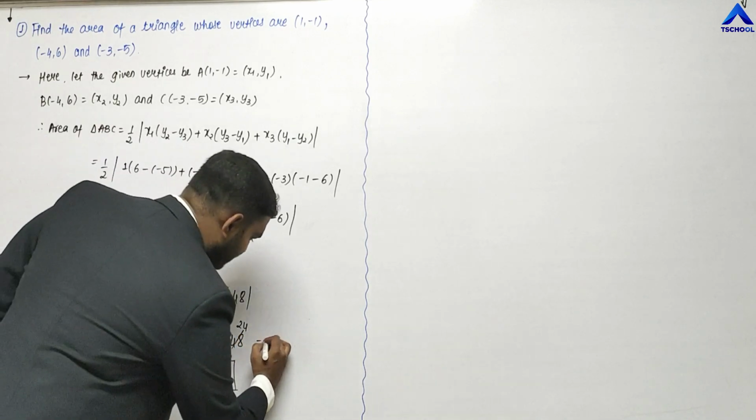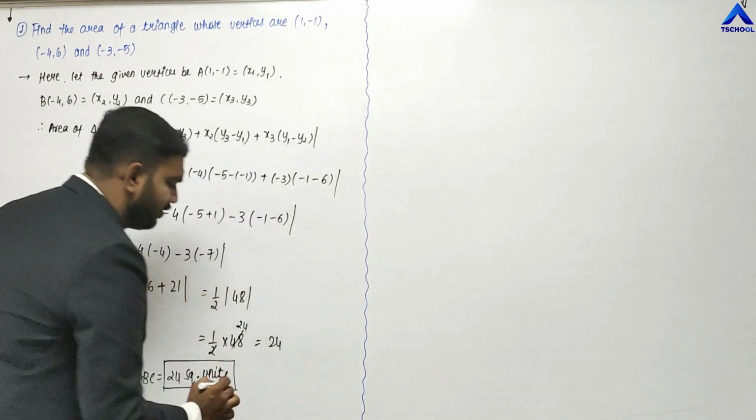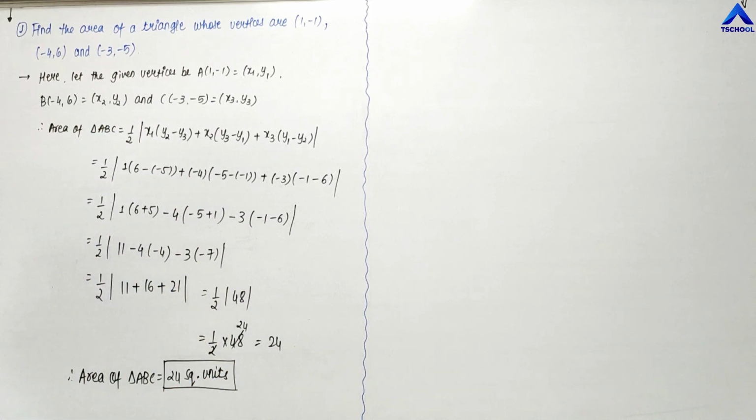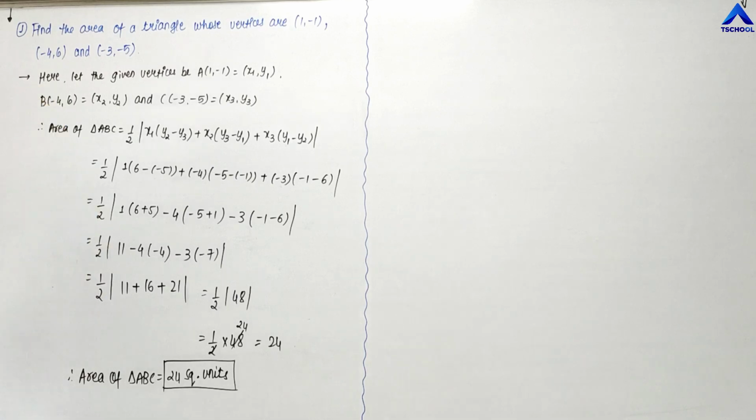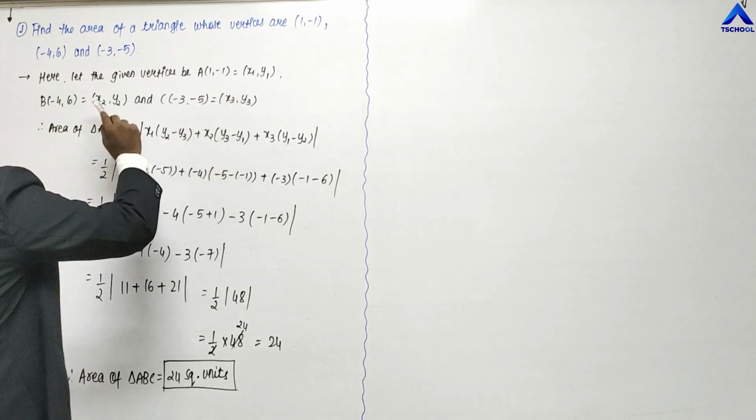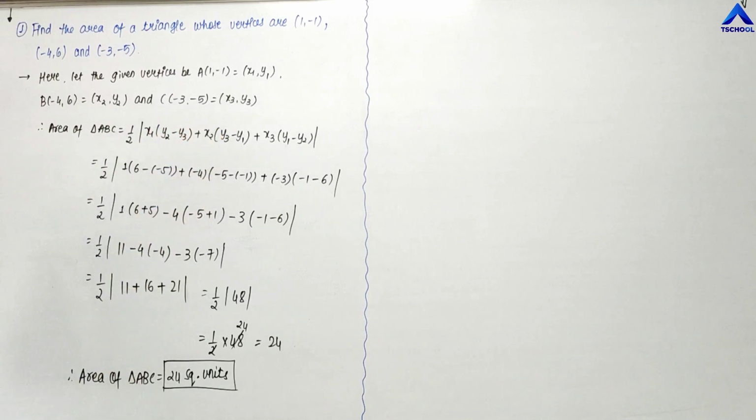So that is how you use the formula of area of triangle with given three vertices, this 1, minus 1, minus 4, 6 and minus 3, minus 5, as x1 y1, x2 y2 and x3 y3.